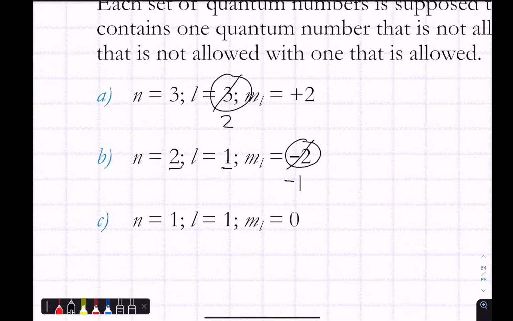Here you could really pick, it could be -1, it could be 0, it could be +1. All three of those would be allowed. And then for C, l equals 0 is allowed.